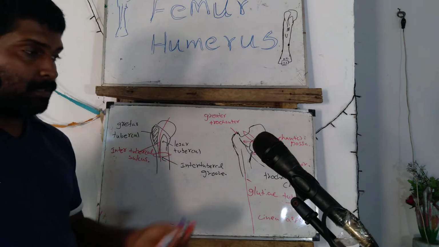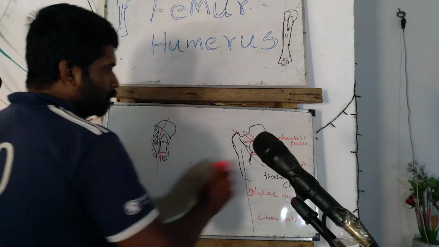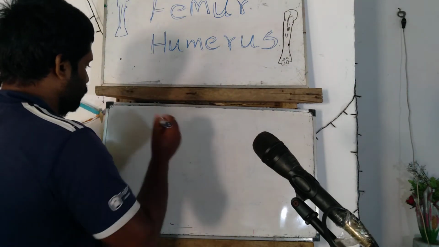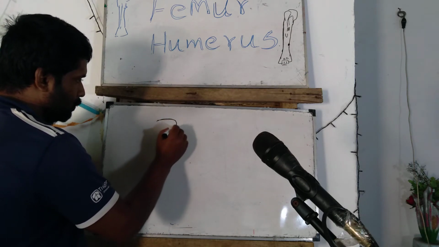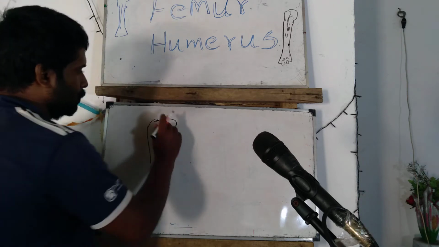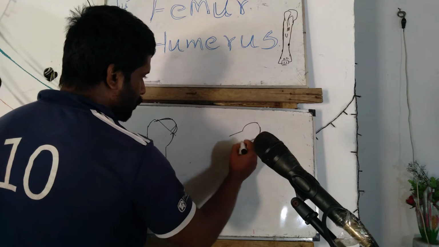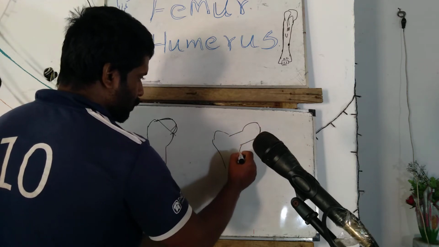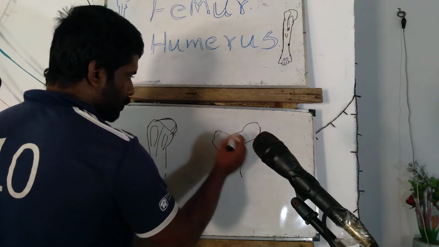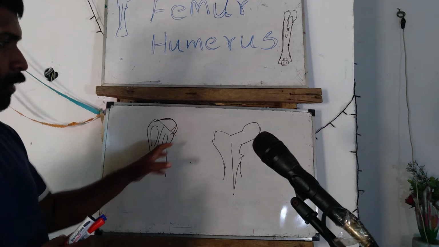Then we are going to talk about the blood circulation, the circulation of the humerus and femur.